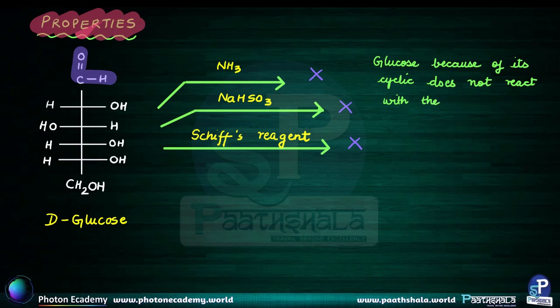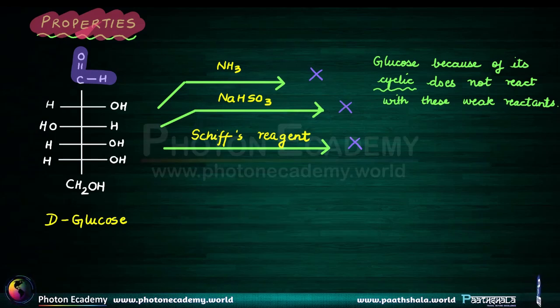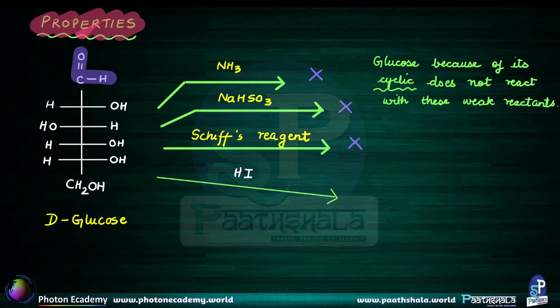Now, glucose is not reacting with them because it is a cyclic compound, but our normal aldehydes all give these reactions. So we see another reaction of glucose. Now we are reacting glucose with HI, that is hydrogen iodide.